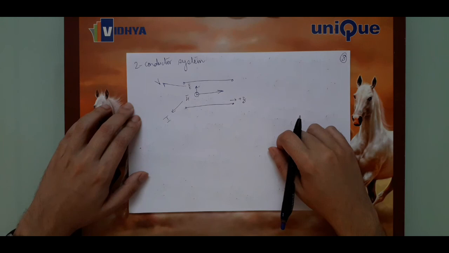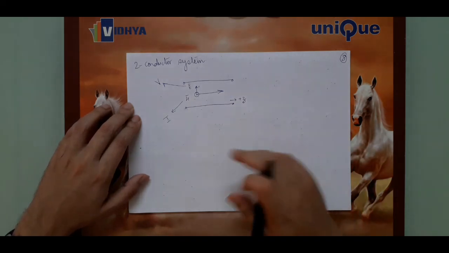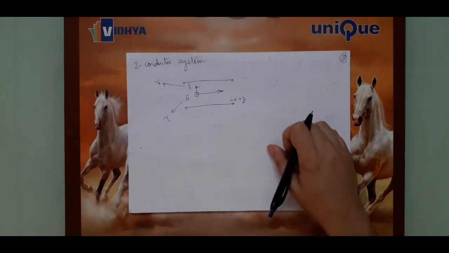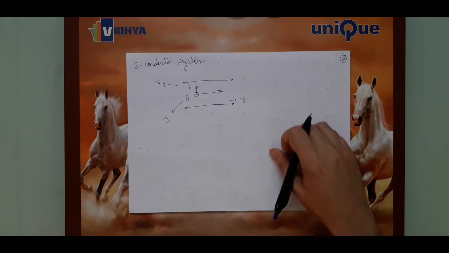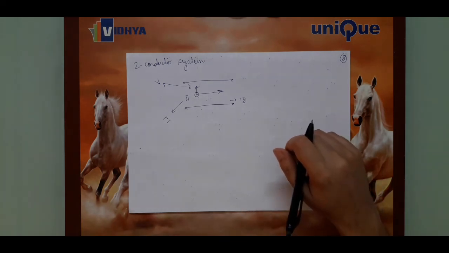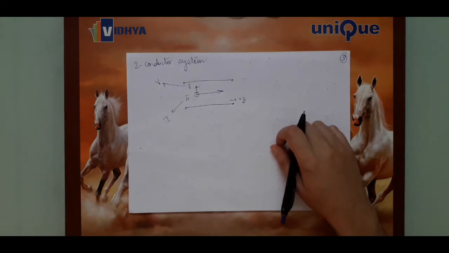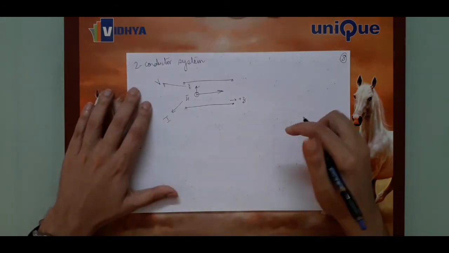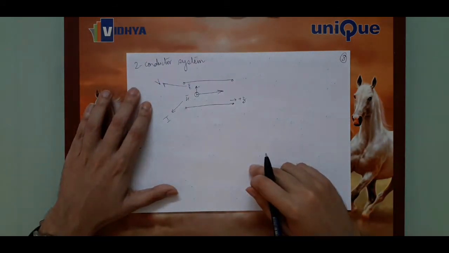And that is valid also because we just proved that this TM0 is the dominant mode of propagation in a two-conductor system. Obviously the other modes can also exist, but since TM0 is the dominant, we shall look more at that.